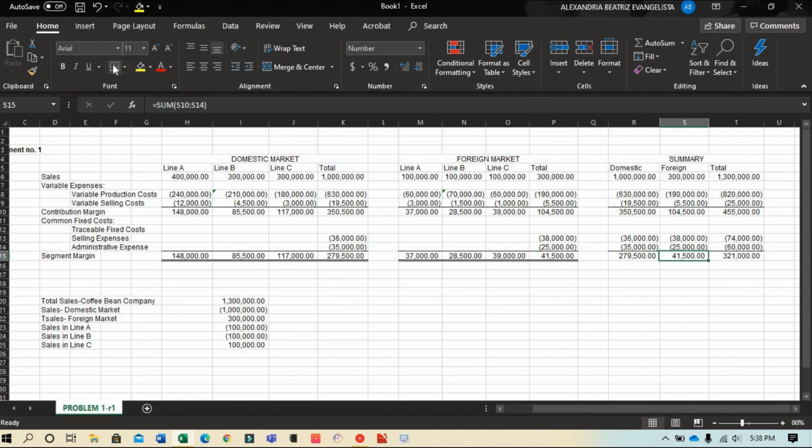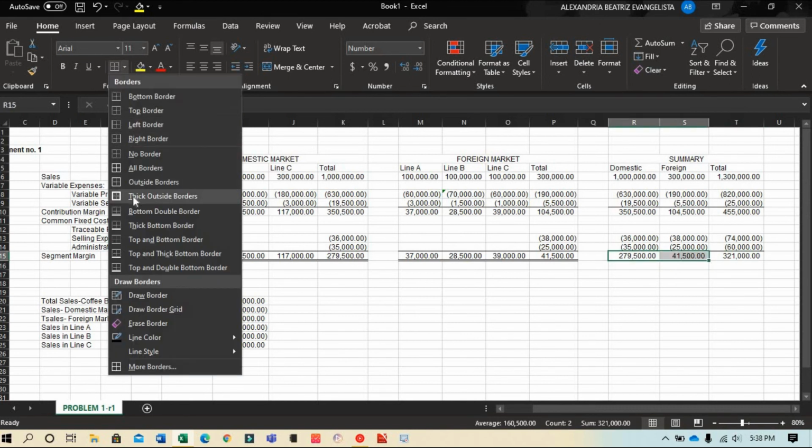For foreign, it is $41,500, and then for the whole coffee bean company, the segment margin is $321,000. Okay, let's double rule this one.